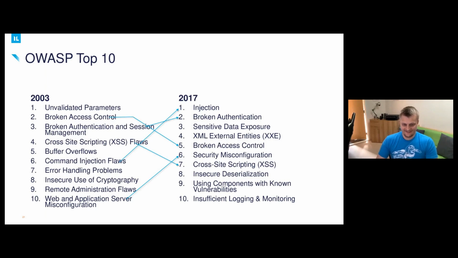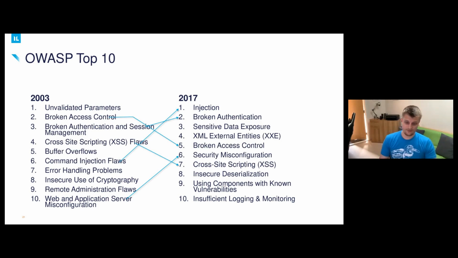This is another one. So if you have a look there, there's at least 5 from the OWASP Top 10 2003 that are in the current list. Now, the OWASP Top 10 is a list of the top 10 vulnerability types or categories for the period that it was reviewed.